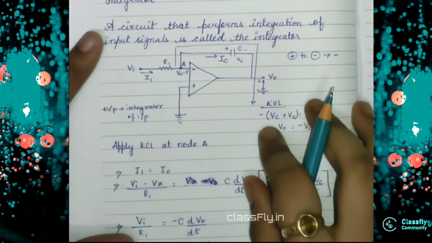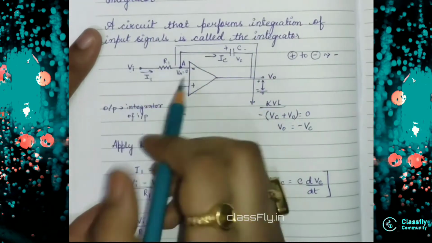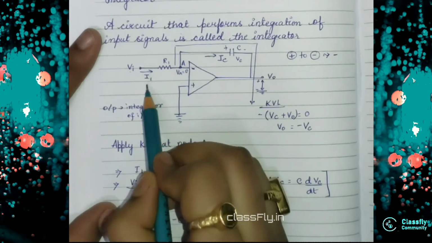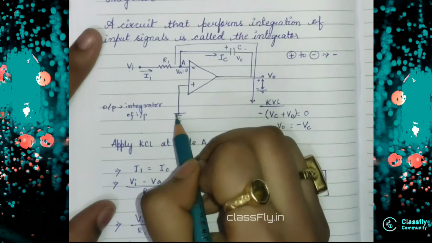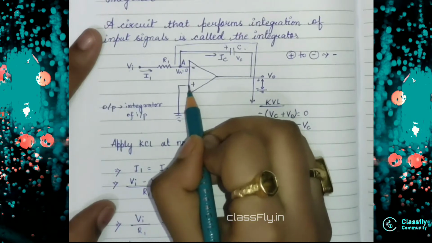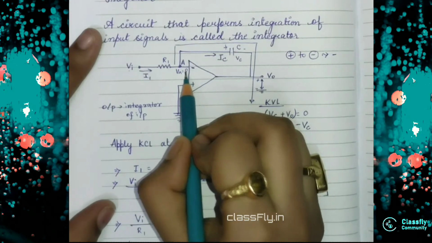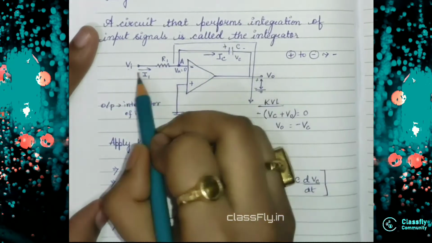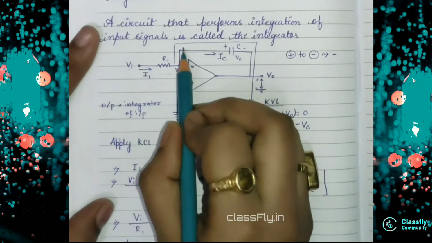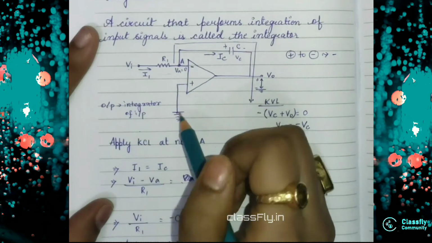I have represented this input voltage as Vi and the current as I1, and we know about the virtual ground, right? So if here it is 0, then our Va will also be 0, and we can see a capacitor here. The current passing from here will go directly to here and not here, due to the virtual ground concept.